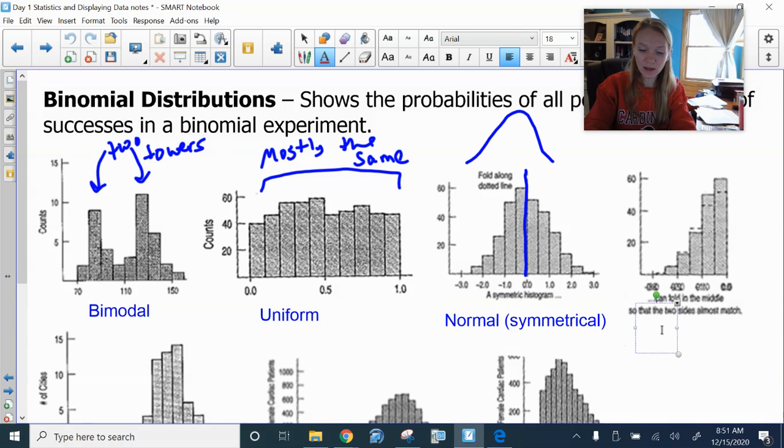This is a folded distribution. Think of it like it's folded on the line of symmetry. It's half of the normal. I had to change my settings here.